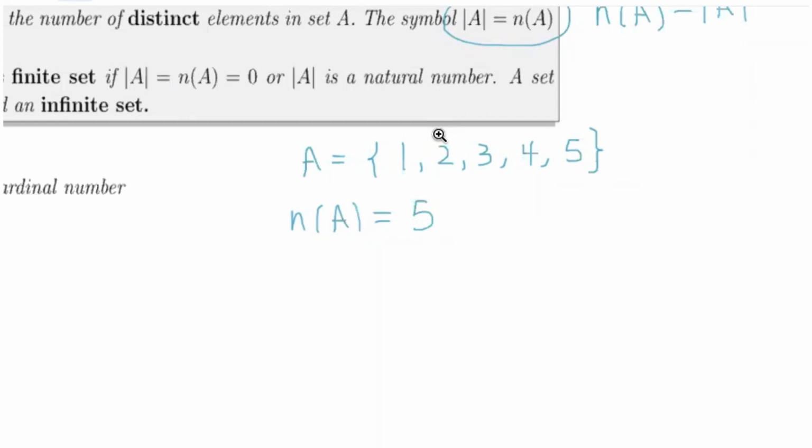Let me give you another example. I have a set B, this time 1, 1, 3, 2, 2, 2. I want to find how many elements are in set B. The first question that Italy was asking: does order matter? So can we put them in any order, 1, 2, 3?